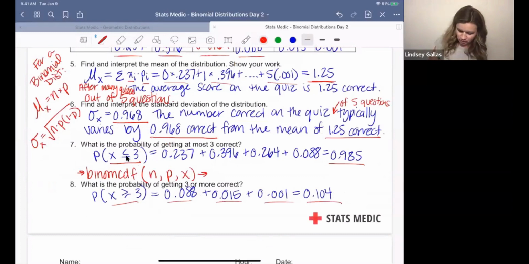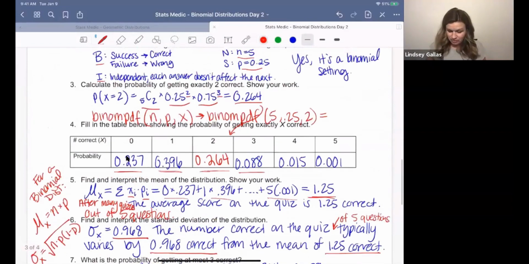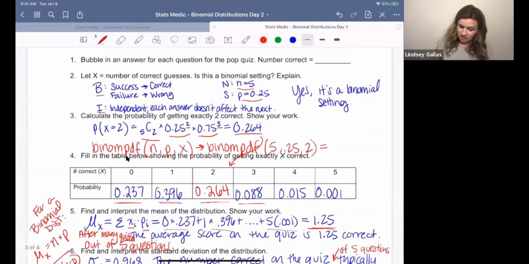So in my calculator, what I'm going to be typing in is binom CDF 5, 0.25, 3. And in the margin over here, I want to write that's the probability of x being less than or equal to 3. Now, how that's different from our binom PDF up above is this was the probability of getting exactly 2 correct.